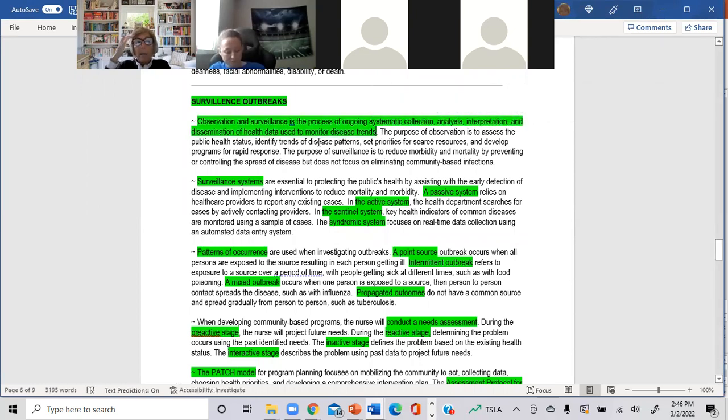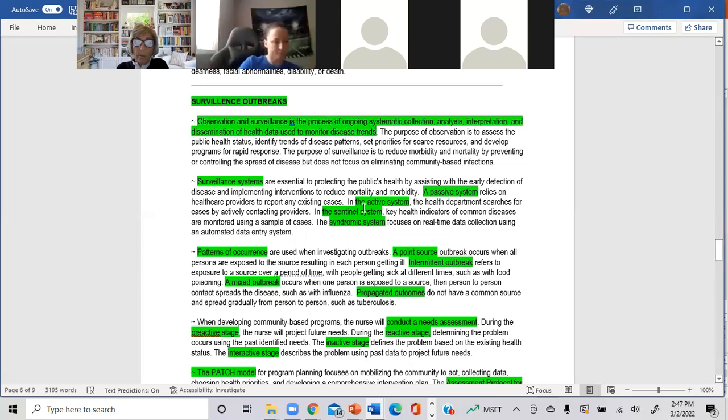It doesn't have assessment, diagnosis, planning in those exact words, but this is transitioning your thinking of what the nursing process looks like with surveillance outbreaks and surveillance monitoring. Okay, you have to collect data, analyze it, interpret it. What's your plan? And monitor trends.